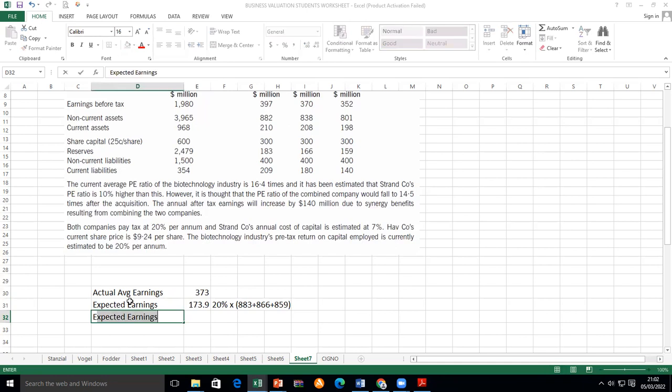So we go to our excess earnings. Tax, 20%.